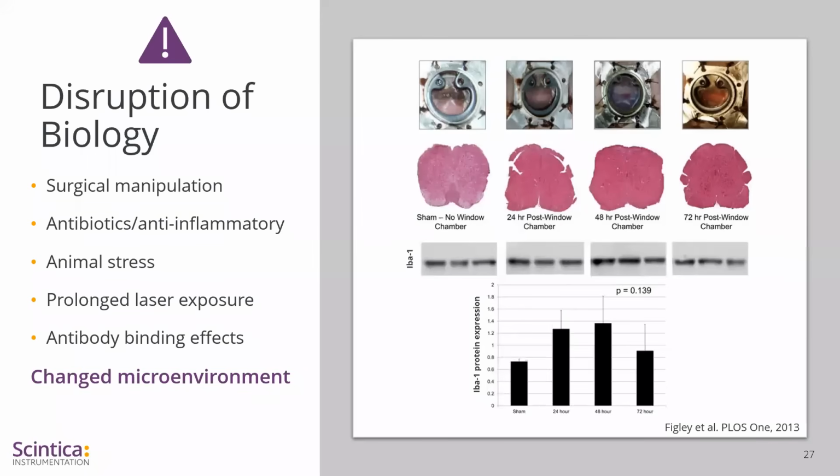In this study, for example, they looked at macrophages after surgery to exclude an immune reaction that could be confounding their results. So after about 72 hours, they saw macrophage infiltration decrease back to baseline levels, at which point they could start their experiments.